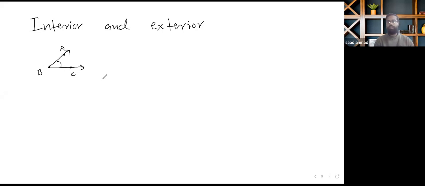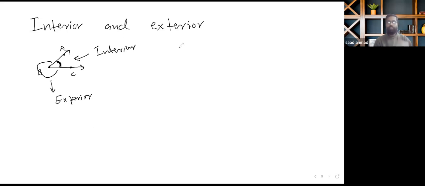The part of the plane that is in between the two arms is the interior. This portion is the interior, and the part of the plane which is outside, this small part, is the exterior, and this one inside is the interior.